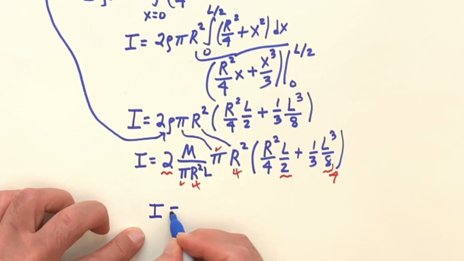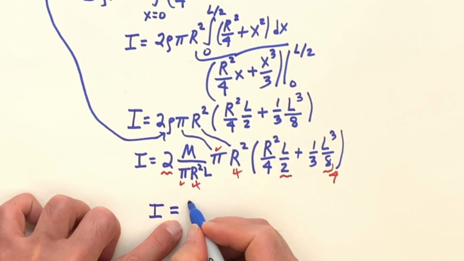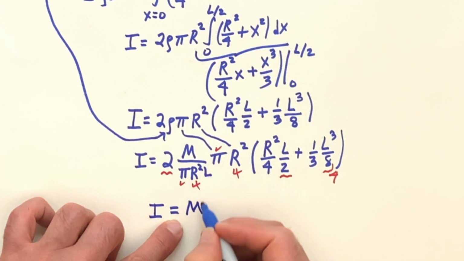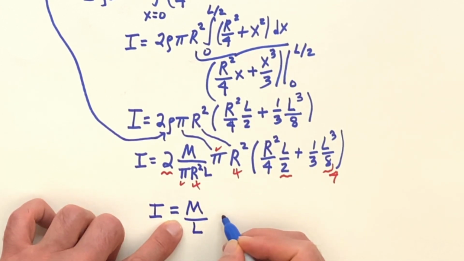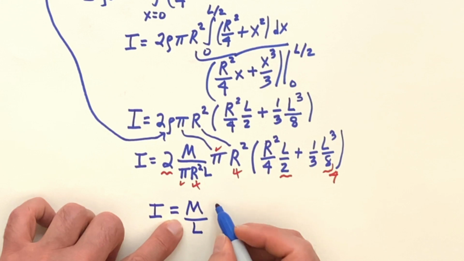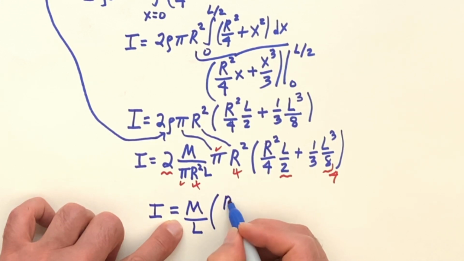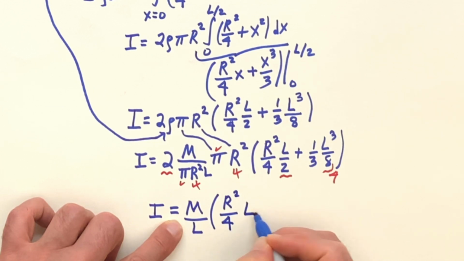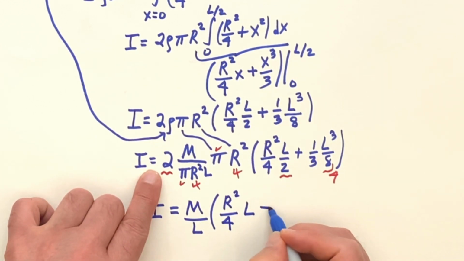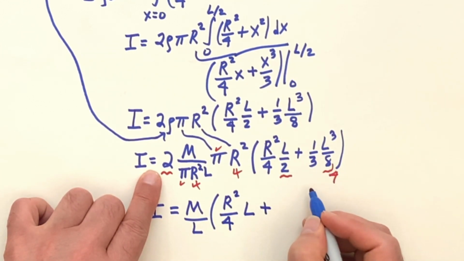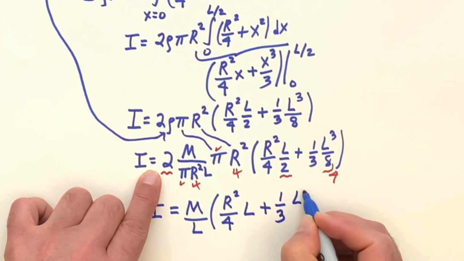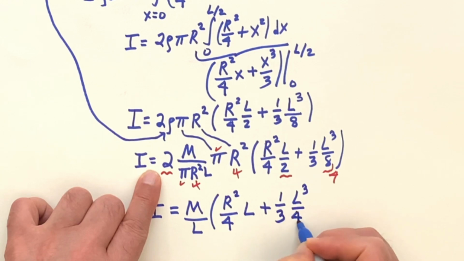So I is going to equal, I'm going to have my mass surviving. And I'll leave the L in here for now, so we don't do too many steps at one time. And then here I'll have R squared over 4 times L, because the 2's went out, plus, and then here this became a 4. So this is 1/3 times L cubed over 4.